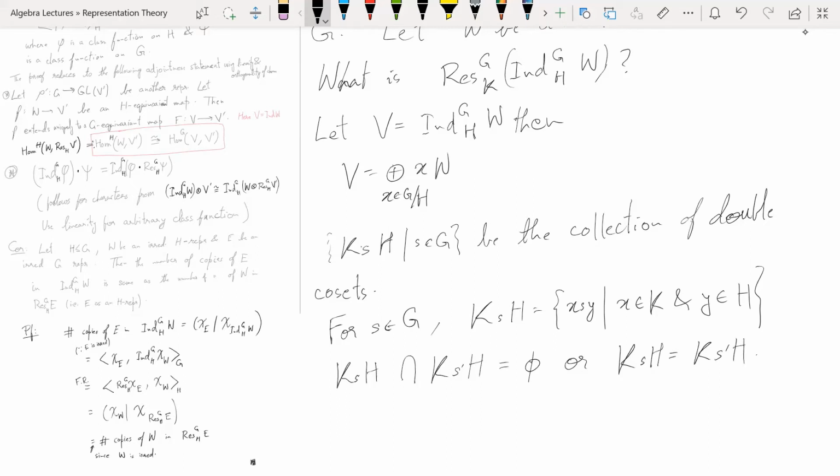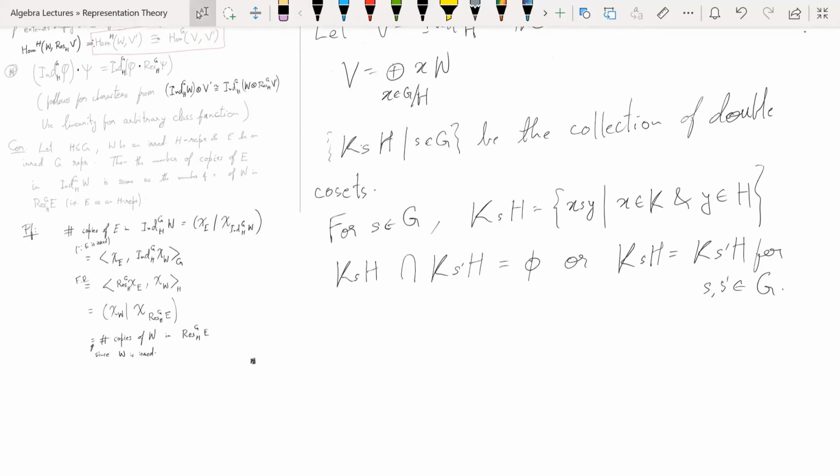These are the only two possibilities for s, s' in G. So I suppose this is clear, right? For instance, suppose s' belongs to KsH. Then I'll show that Ks'H is equal to KsH, and that will prove the above statement.